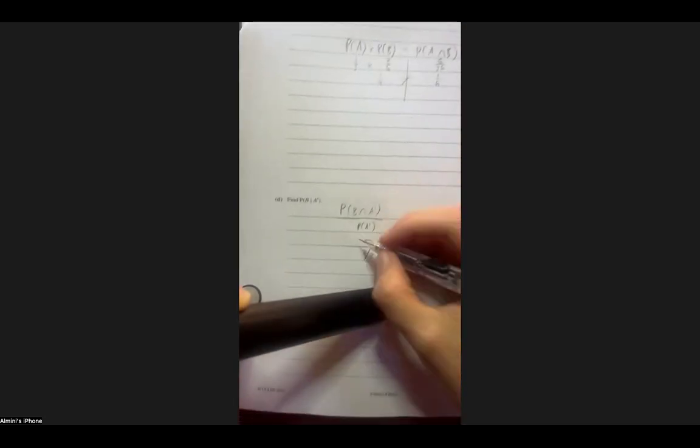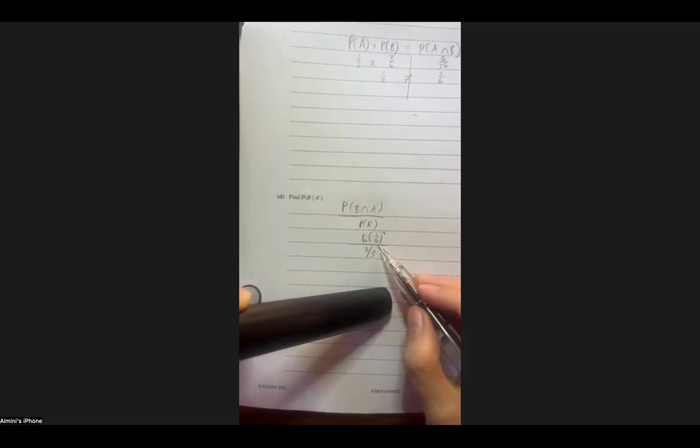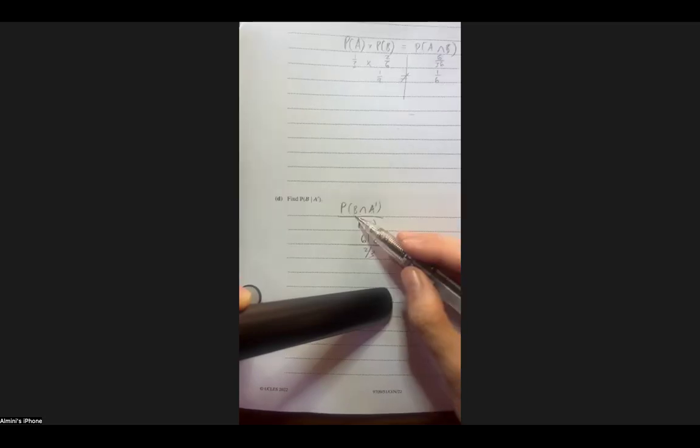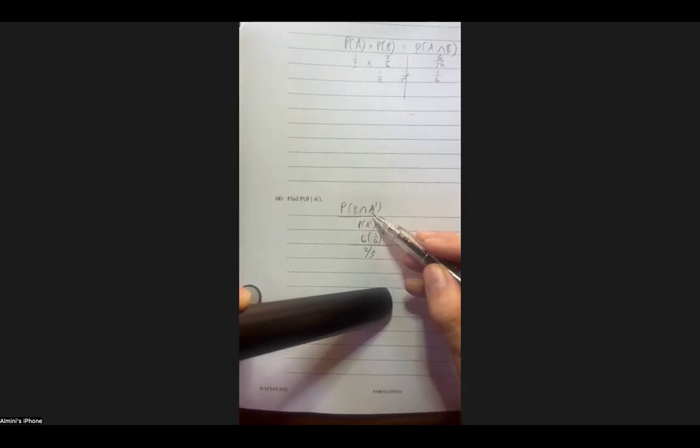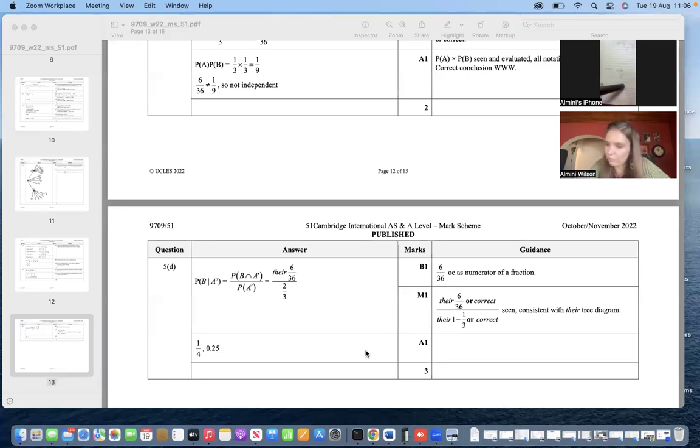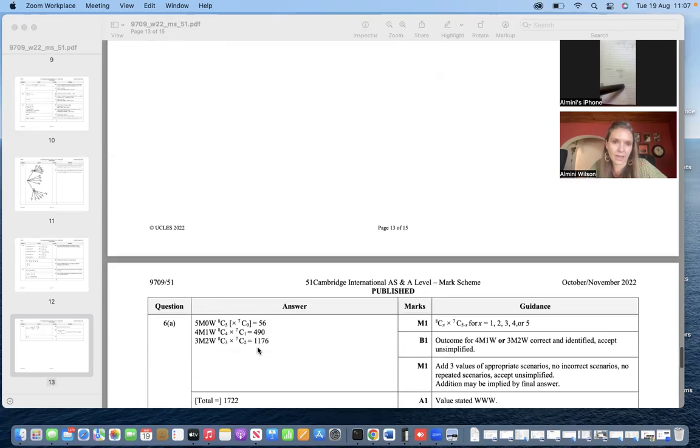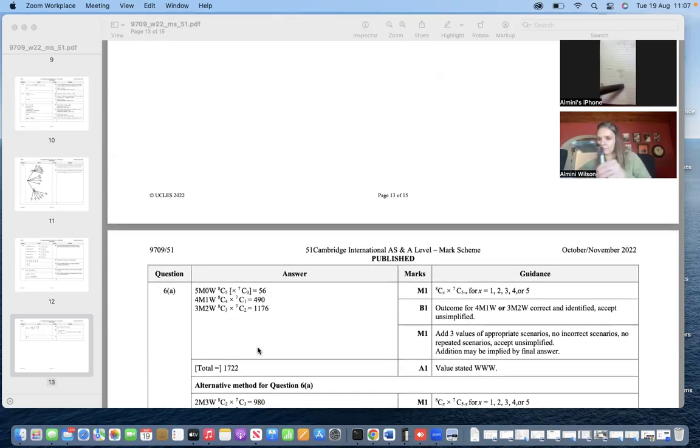There is basically 6 of the 1 over 6 squares that I pick to be in scenario B and not in scenario A, which means you have to have a second throw, but you do not have to get the numbers 5, 6, 7, 8, 9. So if you do this little formula, let's follow from the memo, you get 1 over 4. But it was important to use the table again to get to that 6 over 36. Okay, let me try and wrap up this last question.